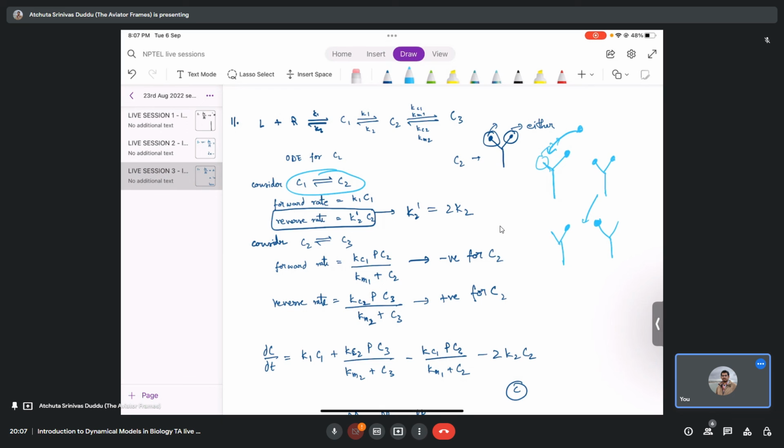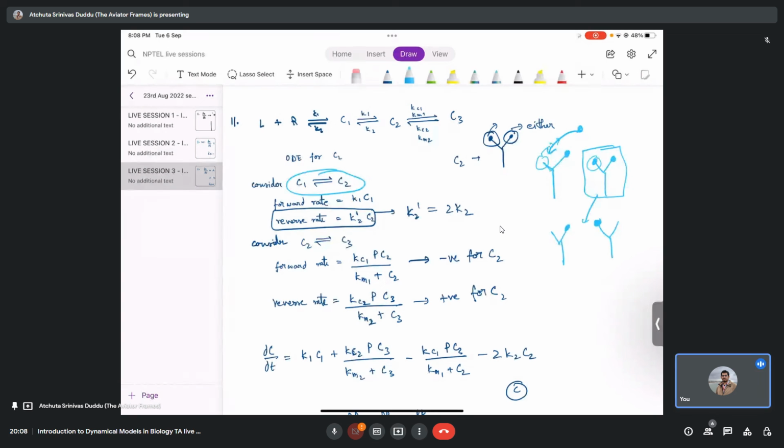From C2, you see the structure of C2, right? There are two binding sites occupied by the ligands. Two ligands are there for C2. So it is possible for any of the ligands to leave. The rate constant for one ligand to leave the binding site is K2. Do you get that? Yeah, got it.